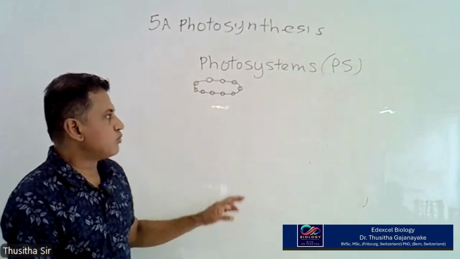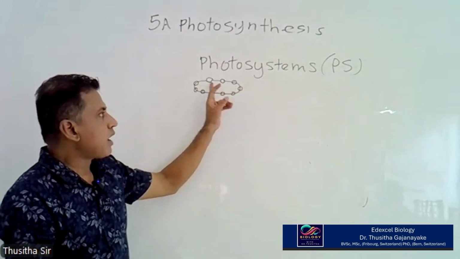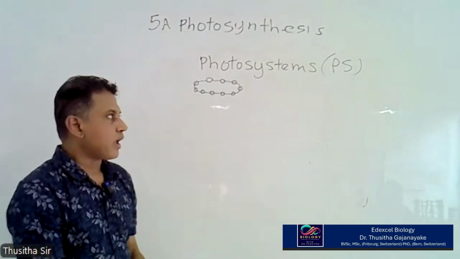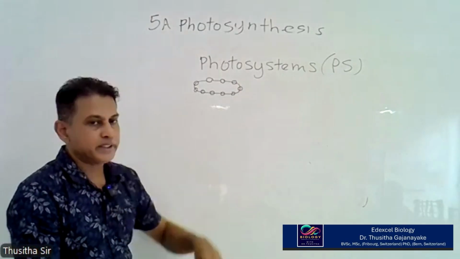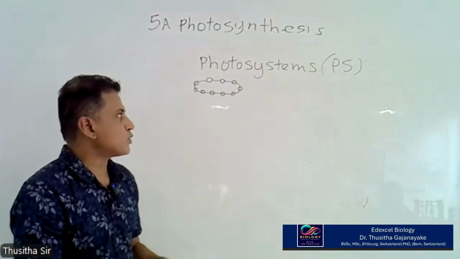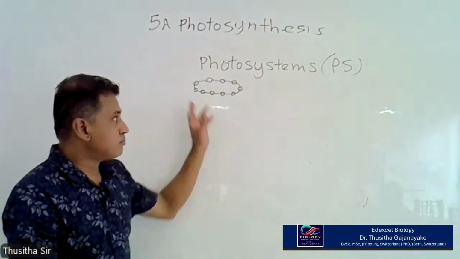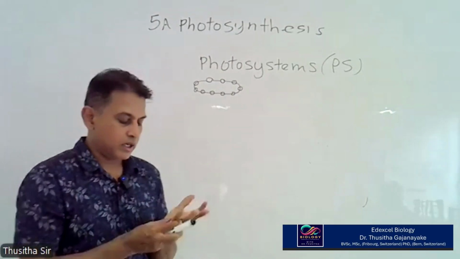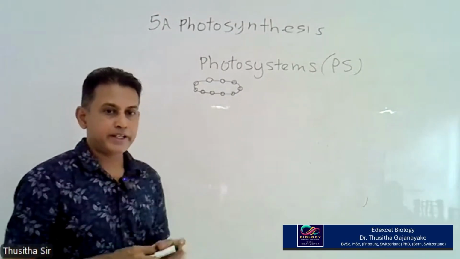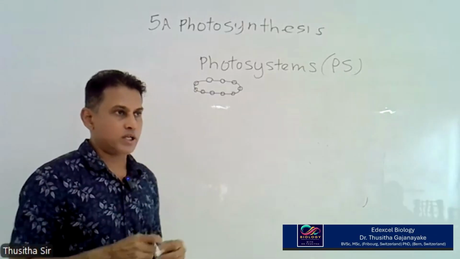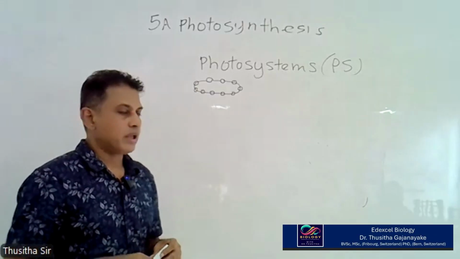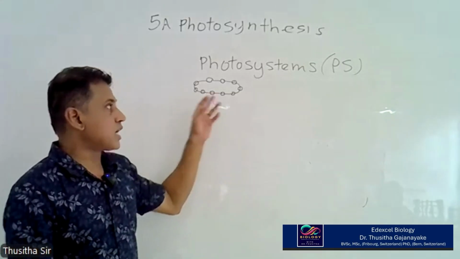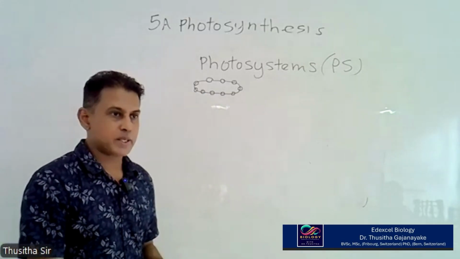Similarly, we can also find in this lipid bilayer photosystems scattered everywhere. And there is another group of proteins you will also see in this membrane, called electron carrier proteins. These two components are organized everywhere in the thylakoid membranes.